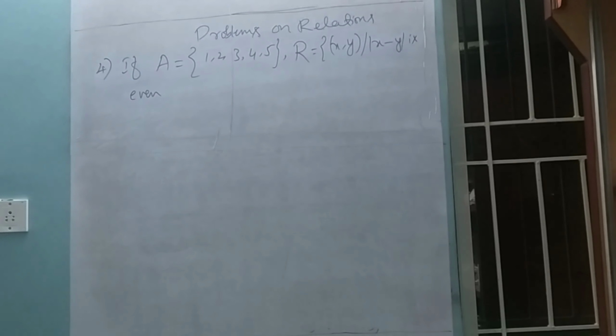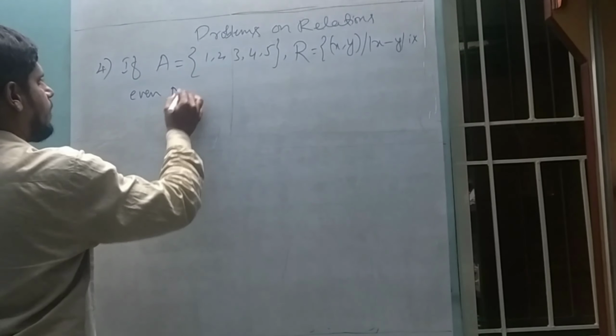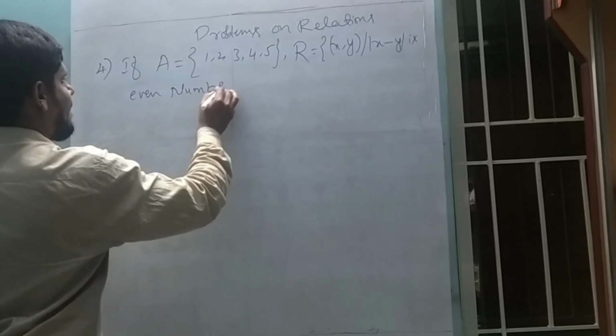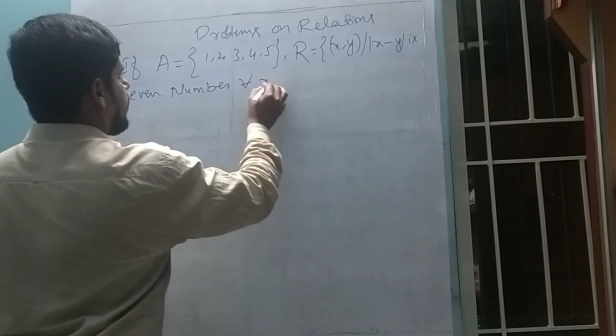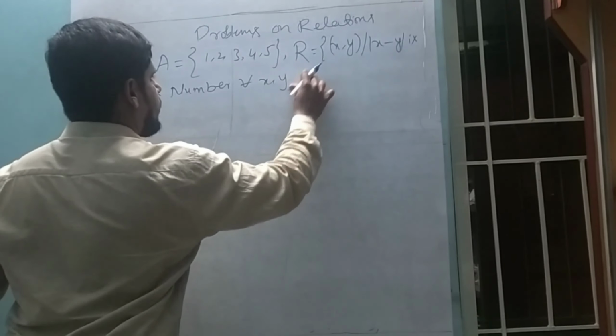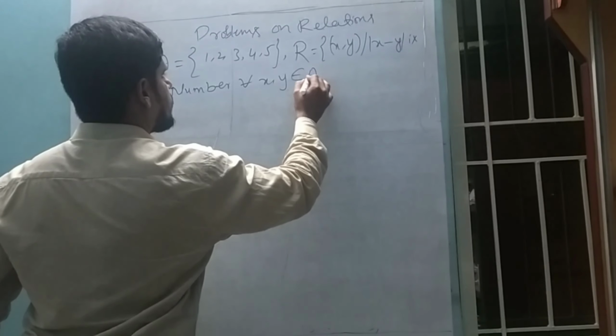Mod of x minus y is an even number for all x comma y belongs to set A.